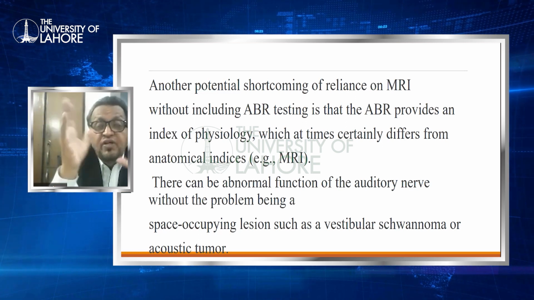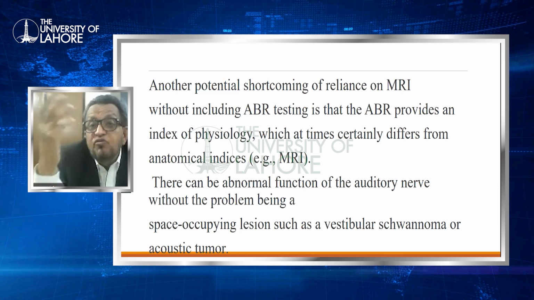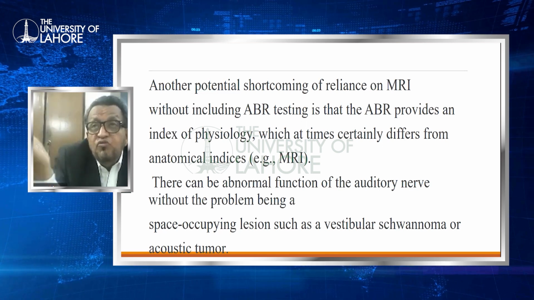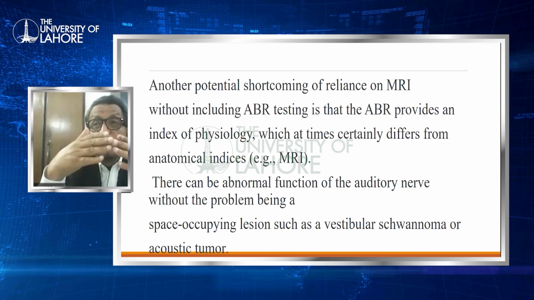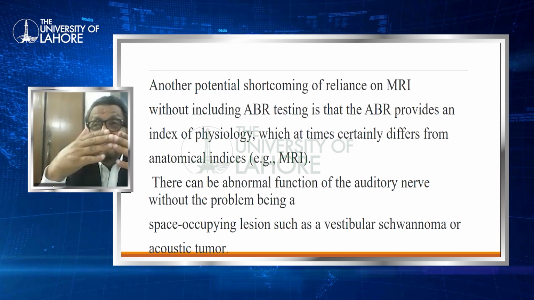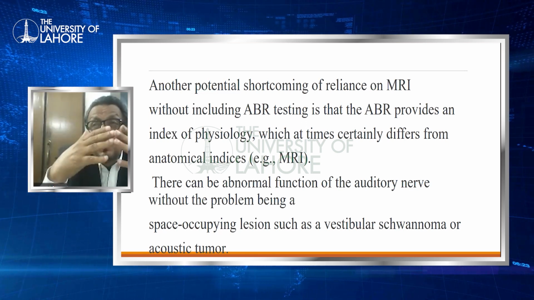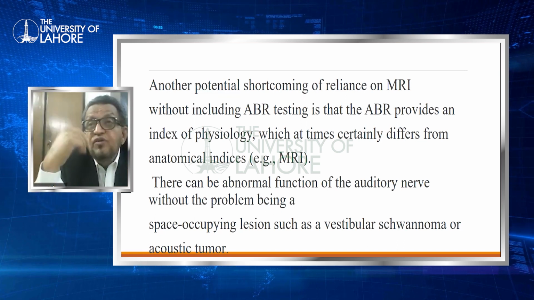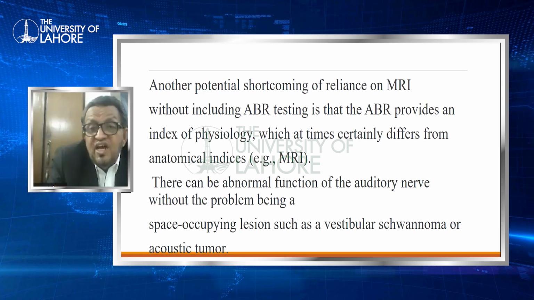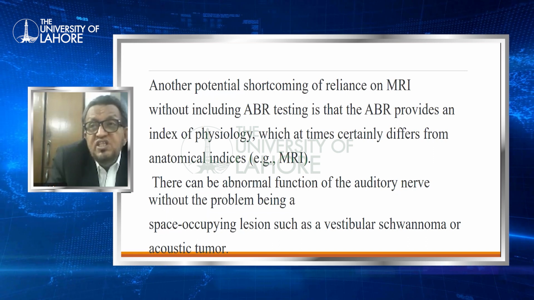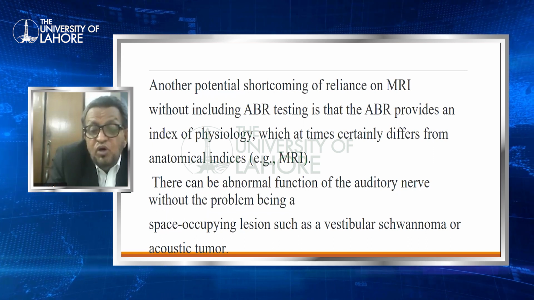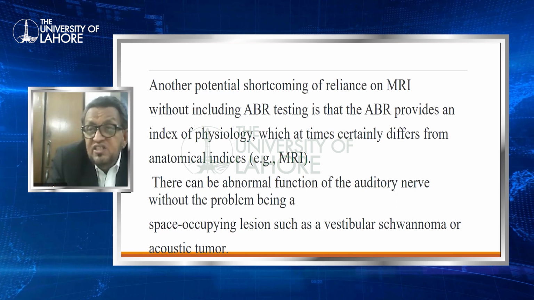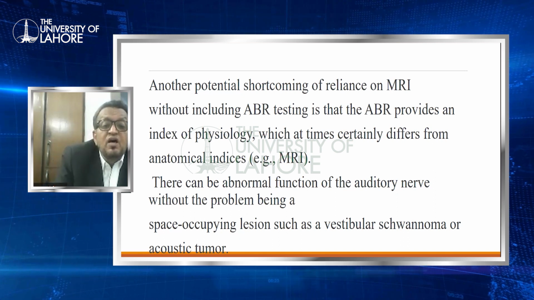So you will be able to see the morphology, you will be able to see the latency differences and how deep is the problem, how much of the sound the patient is understanding through the nerve. All these things can be derived from the morphology and other aspects that you have with the ABR.